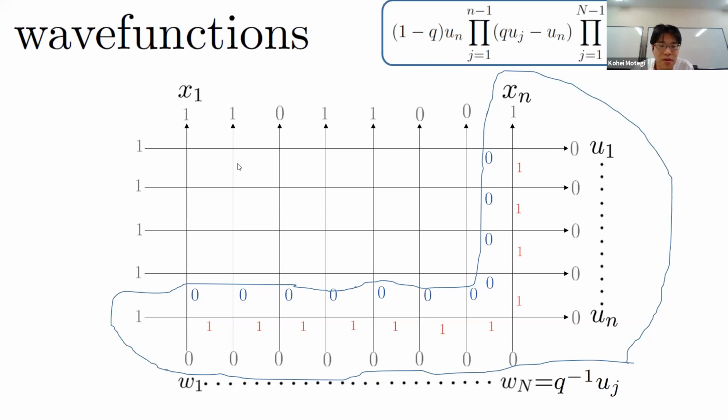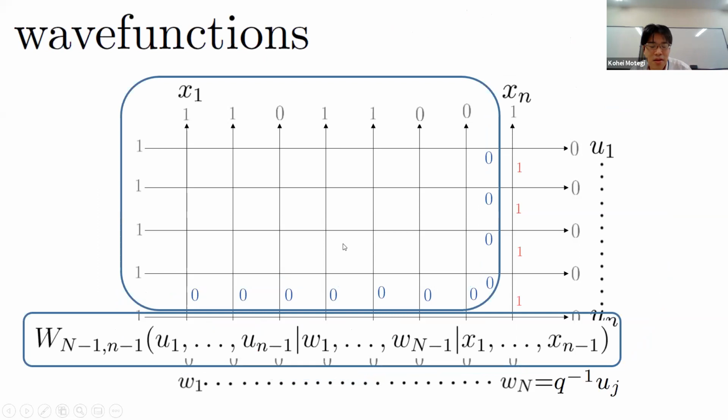And next you see the unfrozen part. This is actually a partition function which has a smaller size, so which has small n minus 1 rows and large n minus 1 columns.